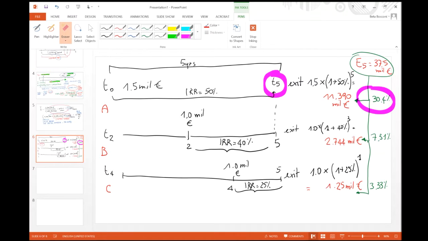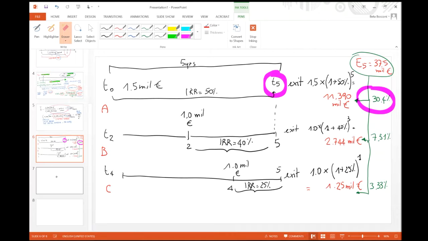And so I have to understand how much I have to buy today in order to maintain at exit the desired equity stake of 30.4%, which corresponds to the exit value of 11.39.